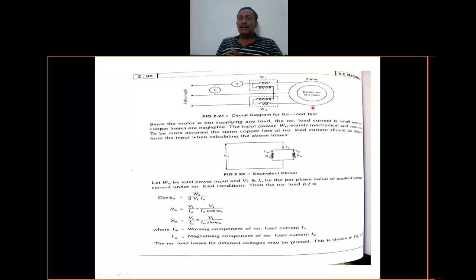Under no load condition, copper loss is zero. So the power taken from the supply meets the iron losses or core losses, and friction and windage losses, or simply mechanical losses. This is the experimental procedure.